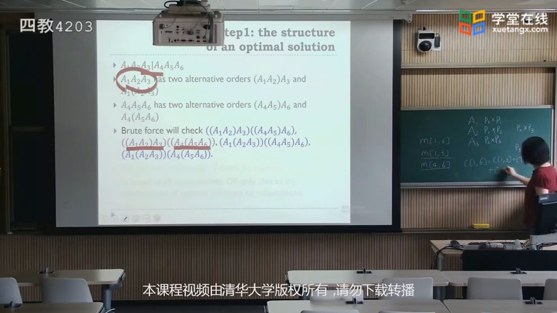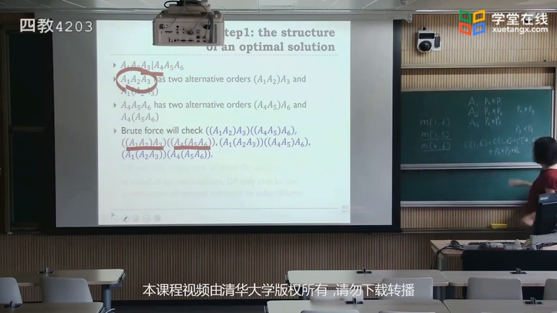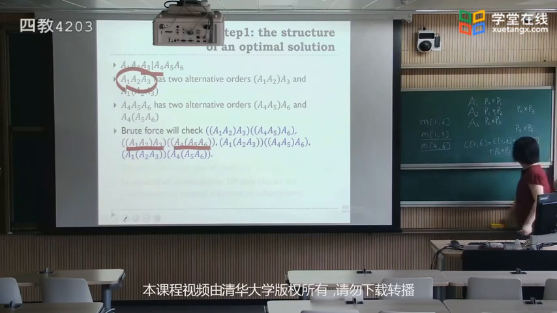So this is the cost for multiplying the matrix chain from A1 to A6.